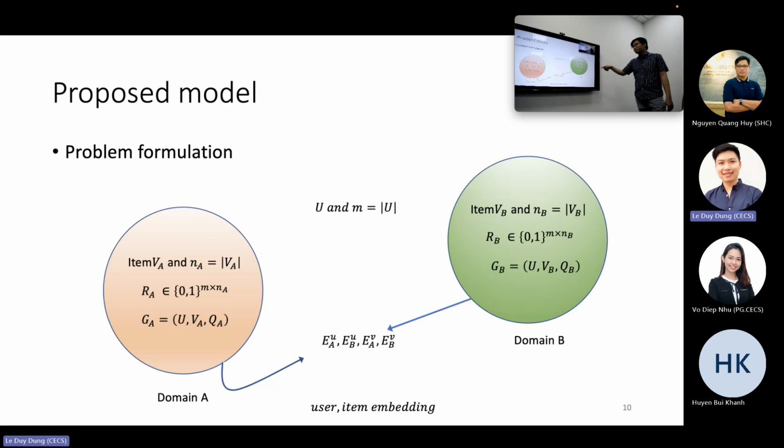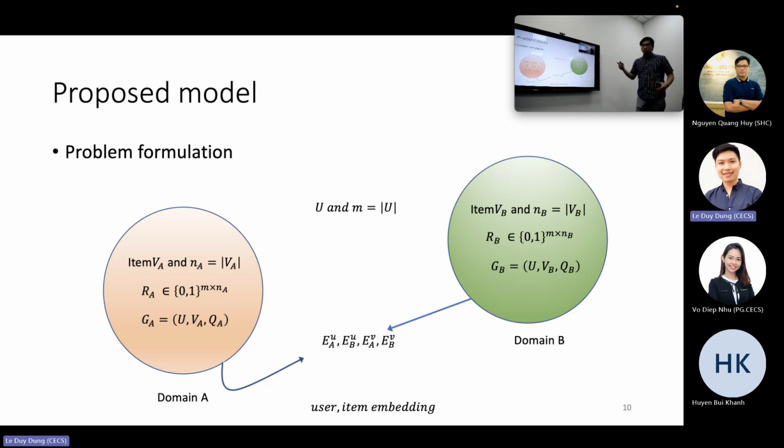They have two domains, A and domain B, and for domain A they have a set of items we denote as EA. RA represents the interaction matrix, so it's going from 0 to 1, and it has size m times NA.